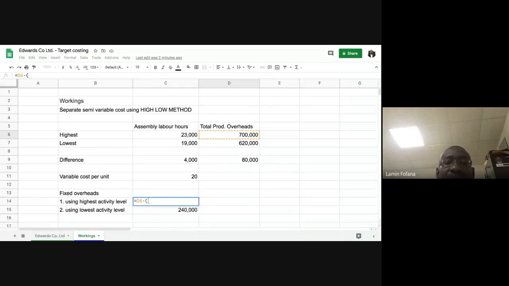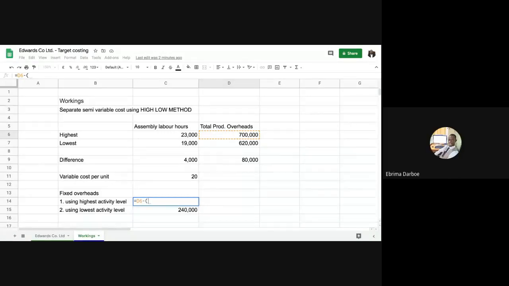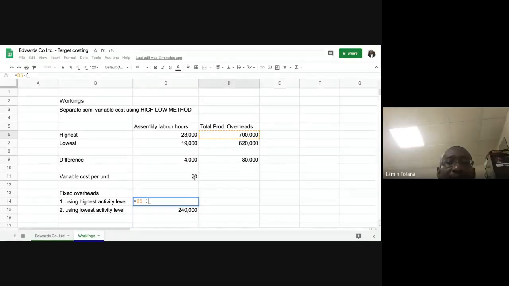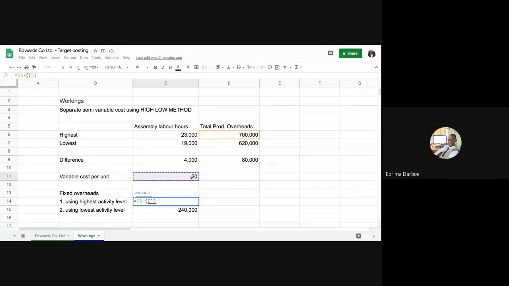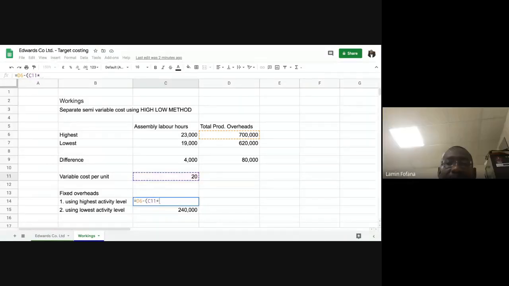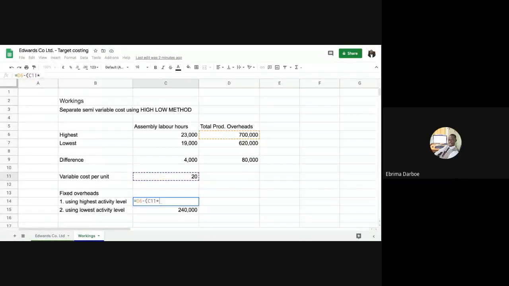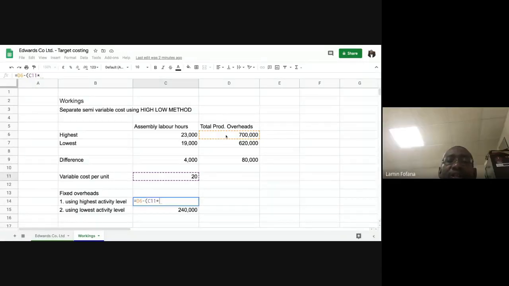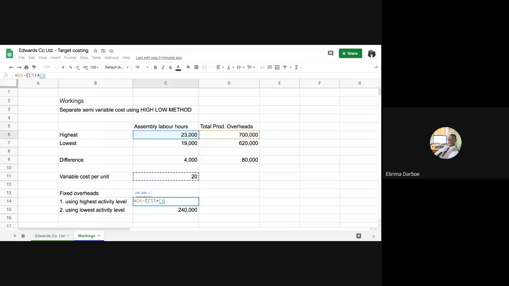The variable cost per unit, multiplied by the highest activity level. Because you are using the highest. So when you use the low, you use that one. When you use the highest, you use its correspondent. So multiplied by, bracket close.